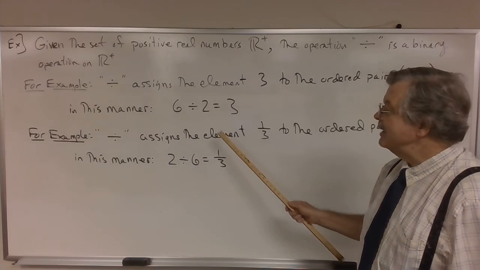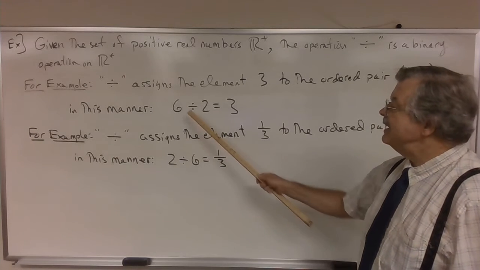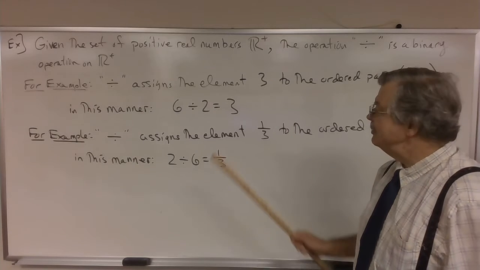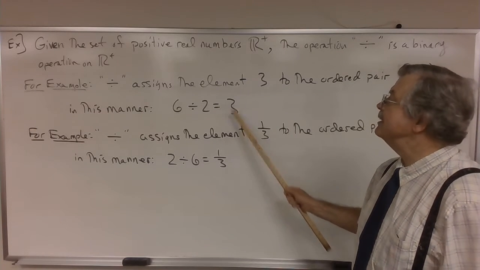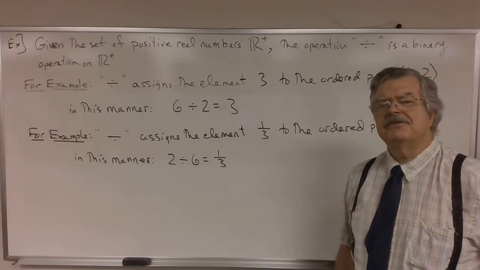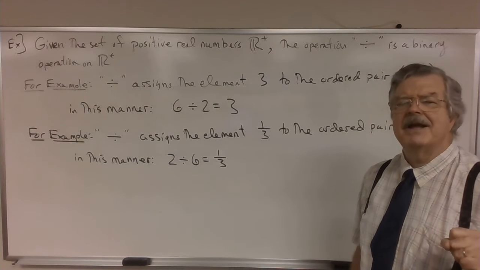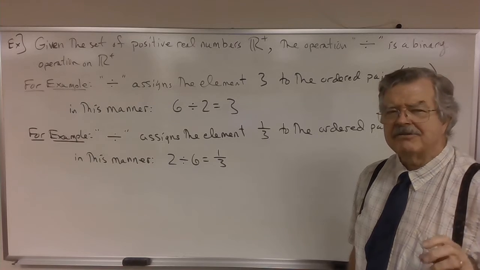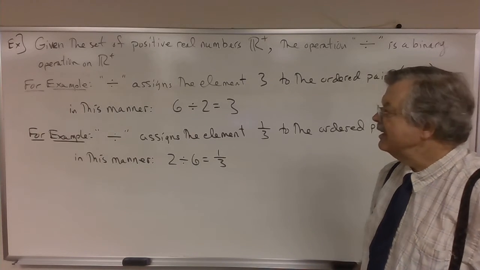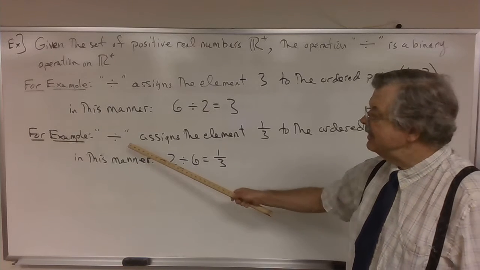So our operation, divide, takes the ordered pair 6, 2 and assigns to it another element from the set of positive real numbers. And just to emphasize the fact that a binary operation acts on an ordered pair of elements, let's consider another example.